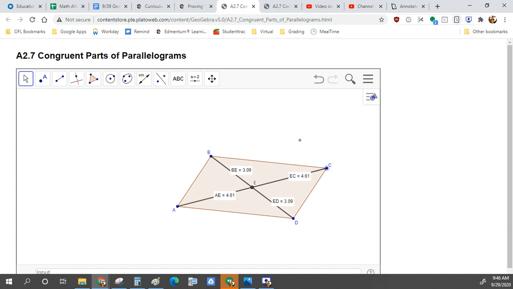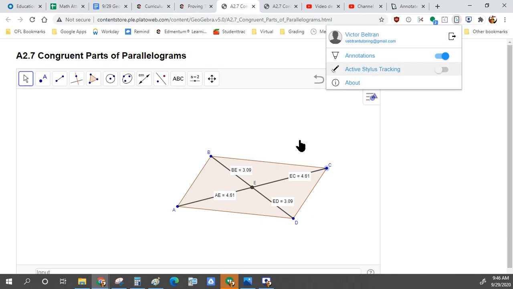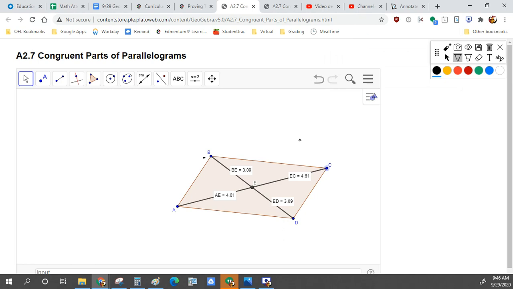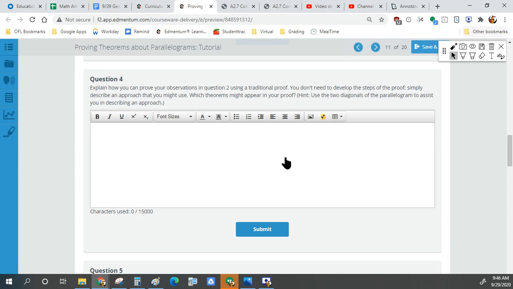So let me see if GeoGebra starts playing nicely now. Oh my gosh, it's still off. So I'm going to draw it over here just to make it easier.